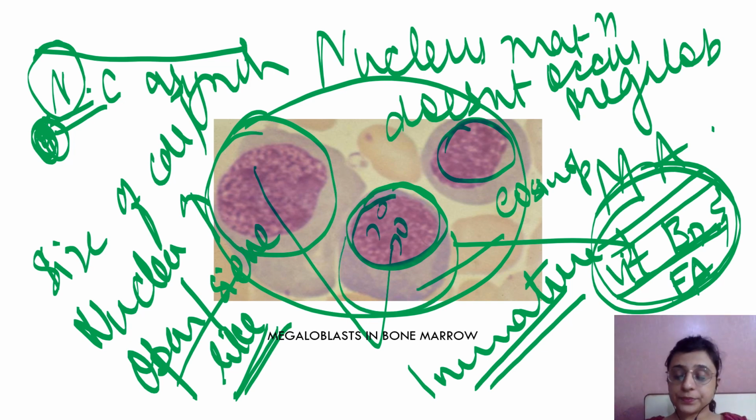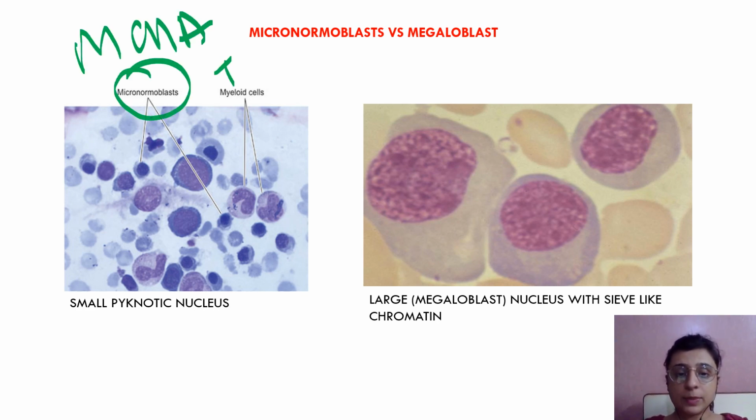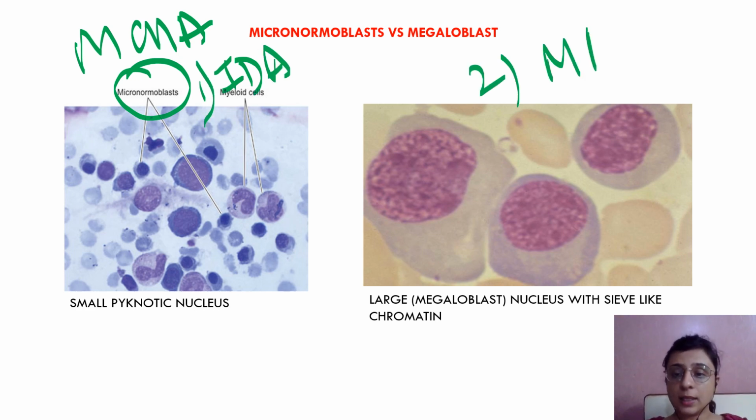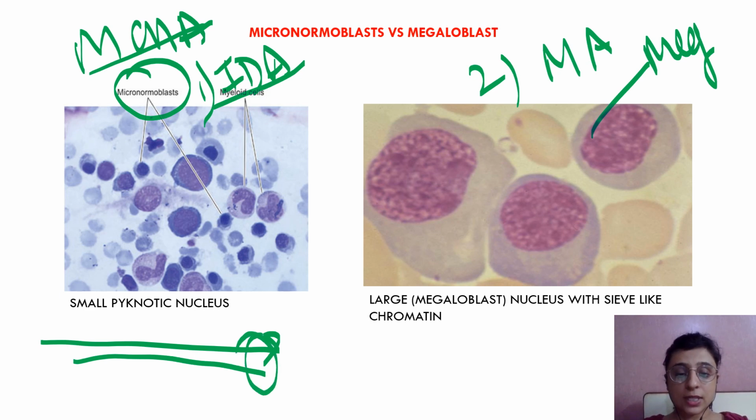So is it clear? Can you appreciate the differences in micronormoblast? We can remember microcytic hypochromic anemia, seen in iron deficiency anemia, number 1, whereas in megaloblastic anemia these are megaloblasts. In case of iron deficiency anemia, the nucleus maturation is normal and thus the nucleus with the stage of maturation gets small, pycnotic, with condensed chromatin.